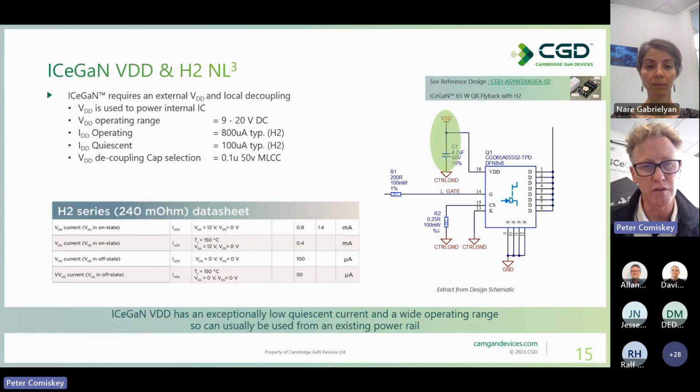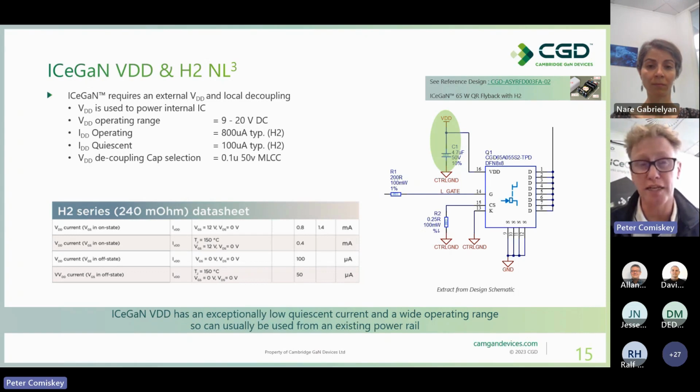So first, touch on what we've just talked about there, the VDD supply, which is what we refer to as our power supply powering the internal circuits within ICeGaN. That is a voltage supply which can vary between 9 and 20 volts DC.